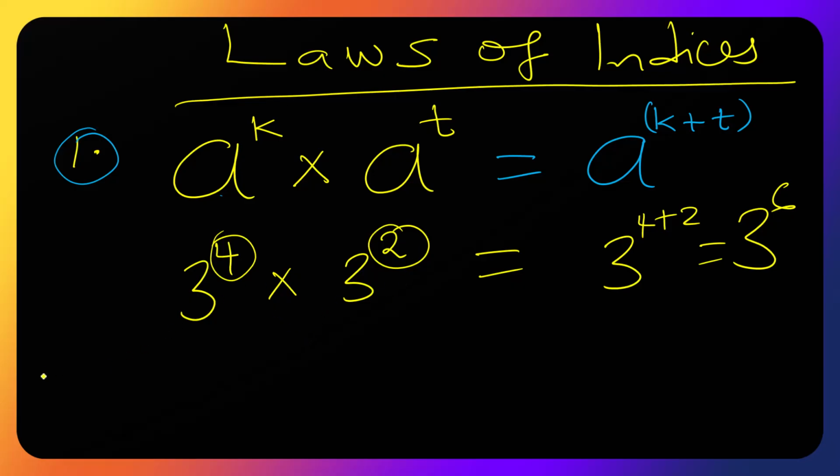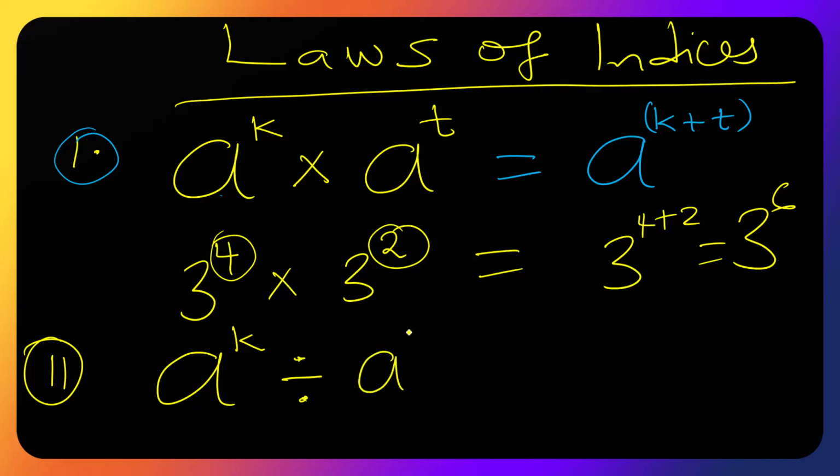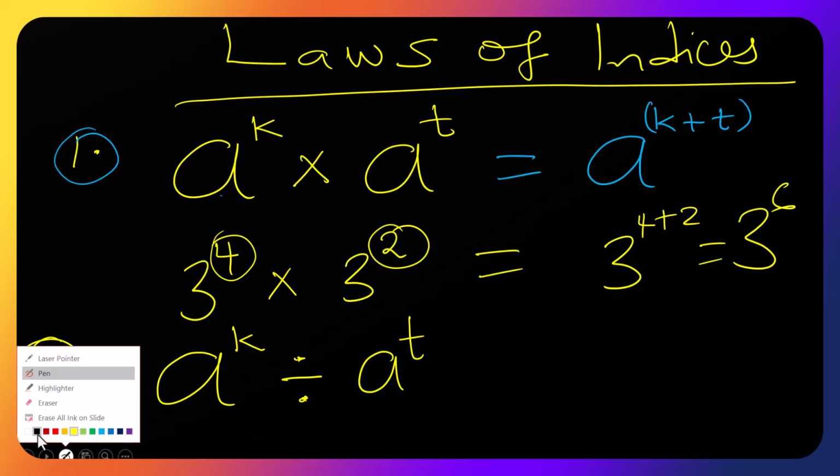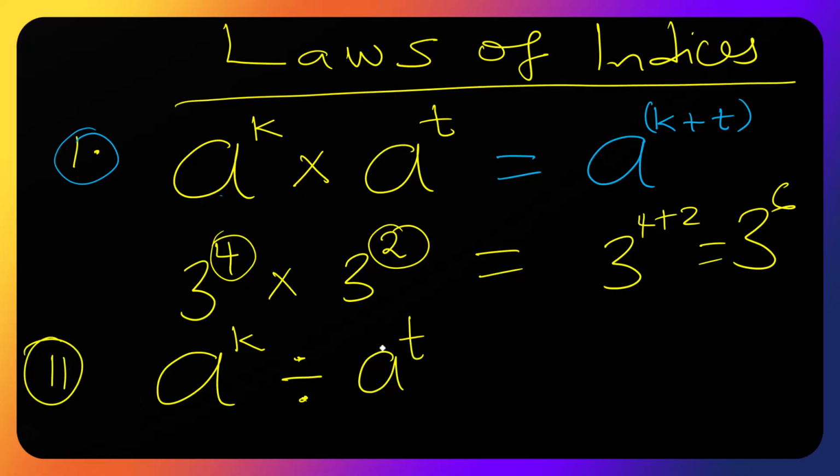Now the second law is in line with the first one. So I'll repeat the same thing: A exponent K, but this time it is division. The second law talks about division.